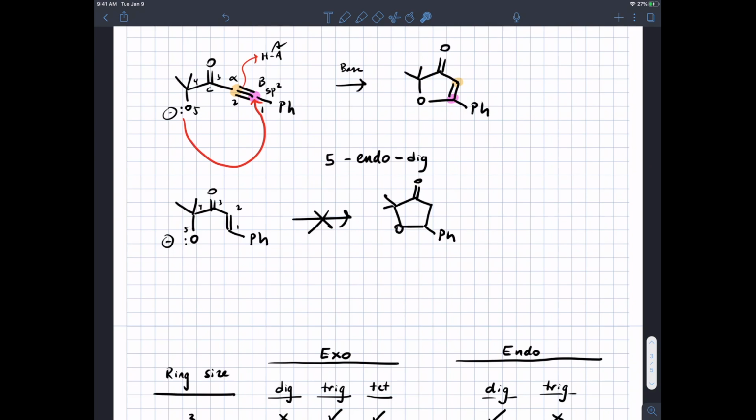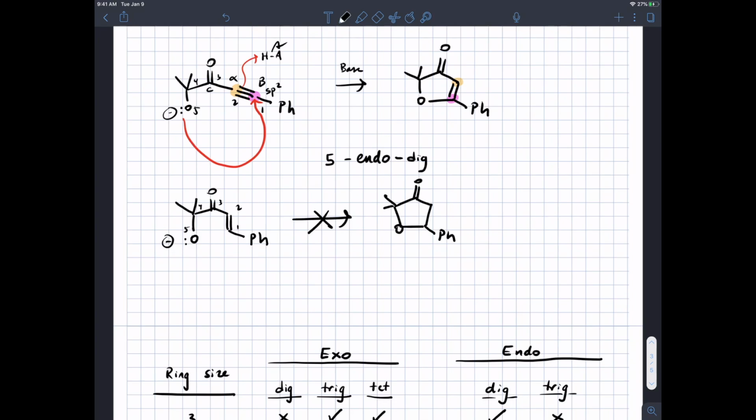If you think about the alkyne, you have 2 sets of pi orbitals that can be attacked, some of which are conjugated with the carbonyl oxygen, and the others which are actually pointing toward this oxygen. So I think that's how this cyclization is able to occur.